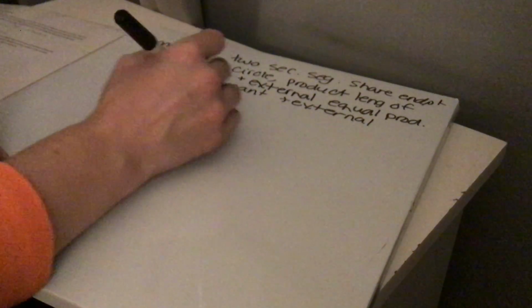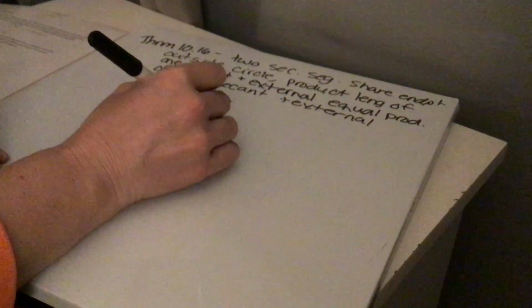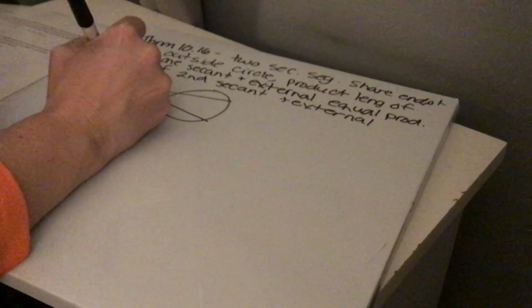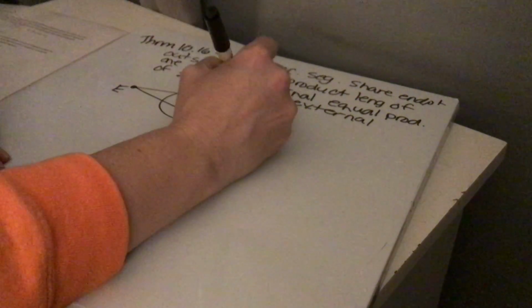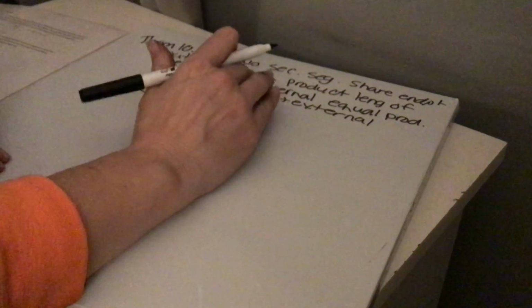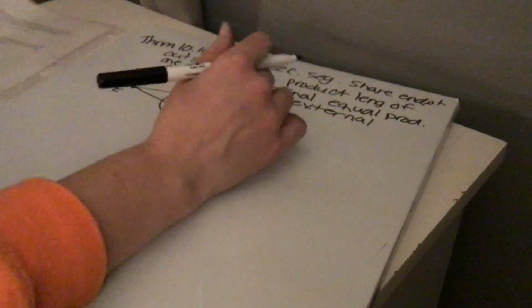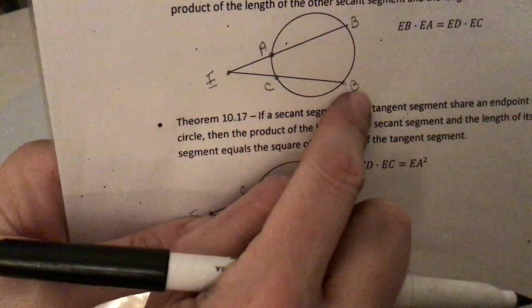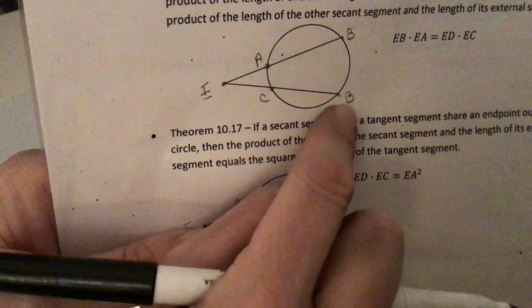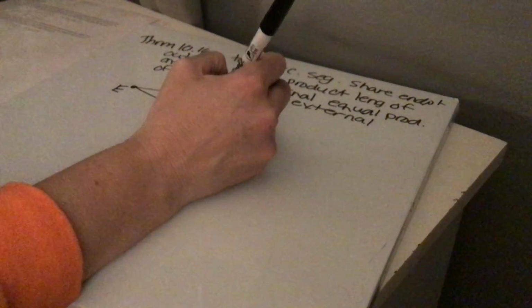Here's our circle, our two secant segments. They're intersecting out here at point E. This is secant EB, or ED. It's drawn wrong in your notes, so switch this to a D. It should not be B, you can't have both of them be point B. So we're going to say it's ED.